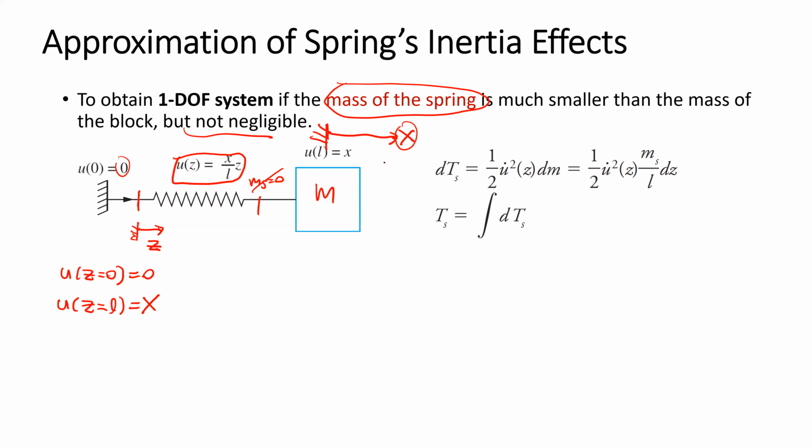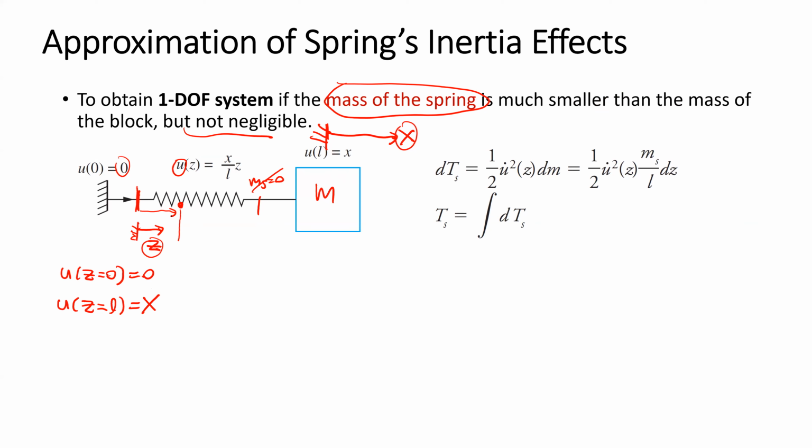U is the deformation of the spring at the position Z, measured from the initial length of the spring.